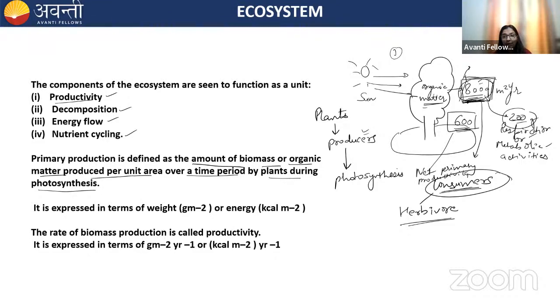And this total production of the biomass, which is produced by the plant through photosynthesis, is what we call GPP, which is the gross primary productivity. And the productivity can be expressed in two forms. It can be expressed in form of weight or energy.